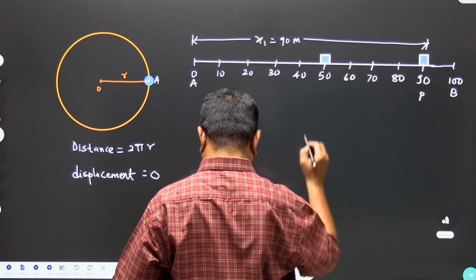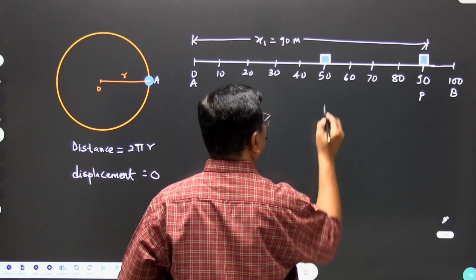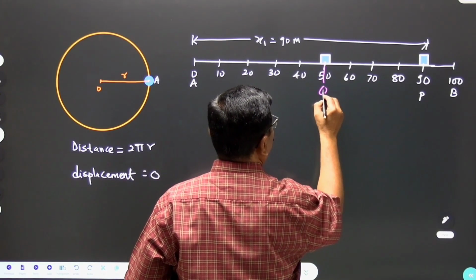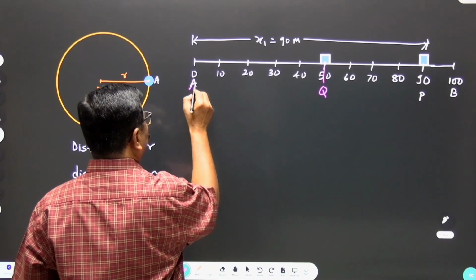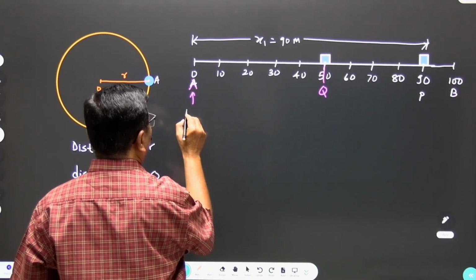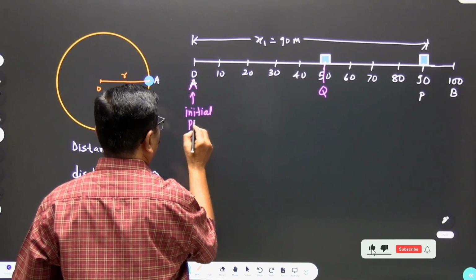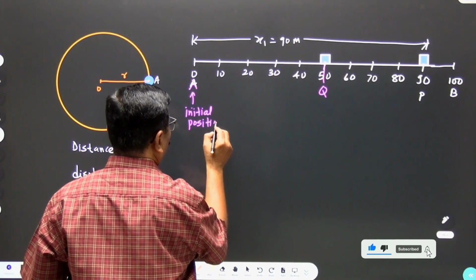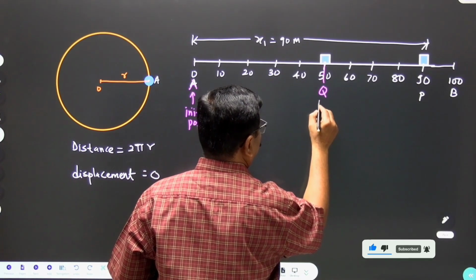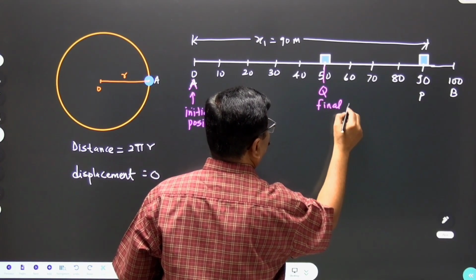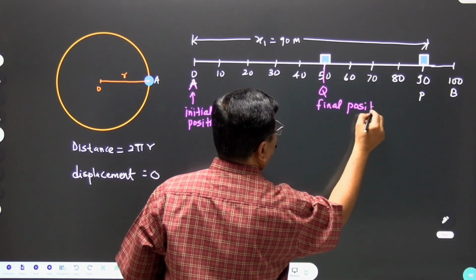So this is the final position of the object, say Q. So now here A is the initial position, while Q is the final position.